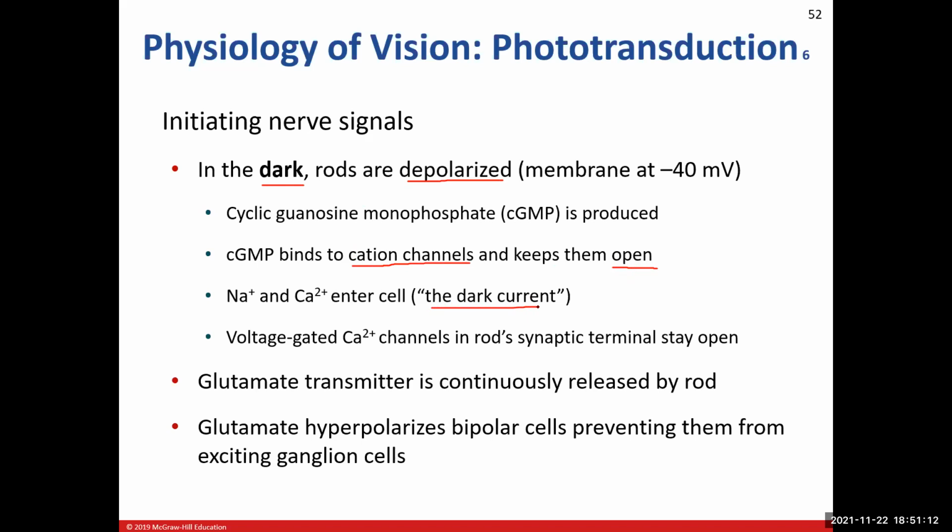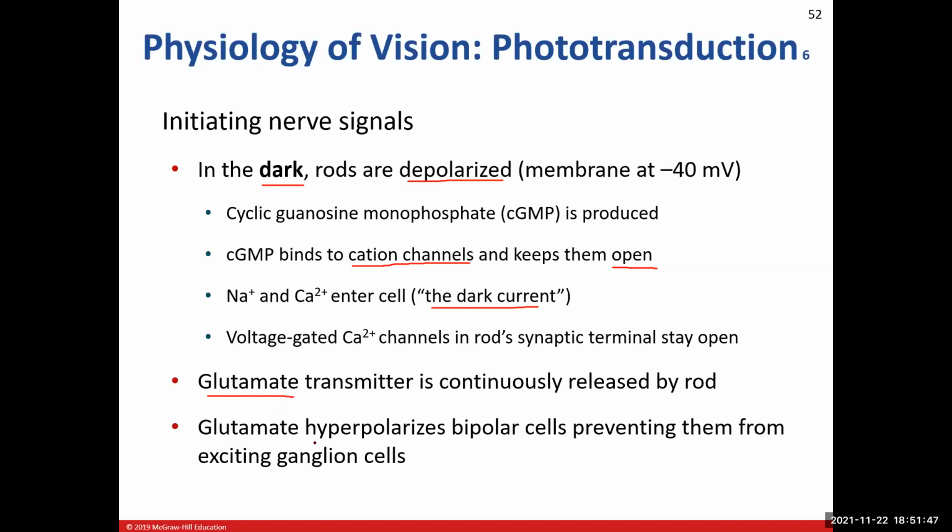So that depolarization will lead to the opening of the voltage-gated calcium channels in the far end of our cell at the synaptic terminals. And so it causes those channels to open up and stay open as long as a dark current is being produced. And that causes our neurotransmitter to be released, which is glutamate. So our photoreceptors are going to release their neurotransmitter onto the next cell, which is the bipolar cell.